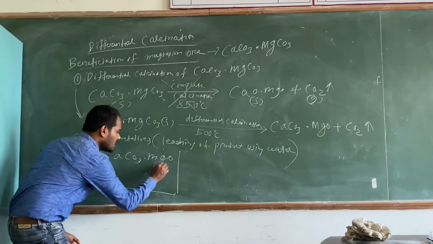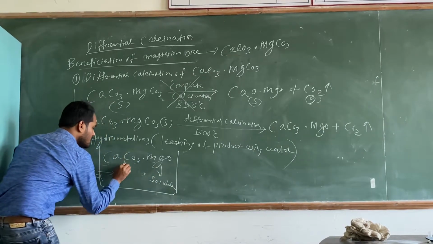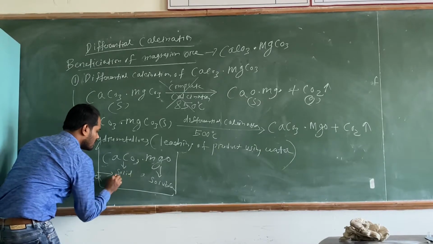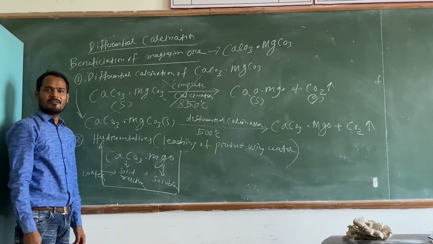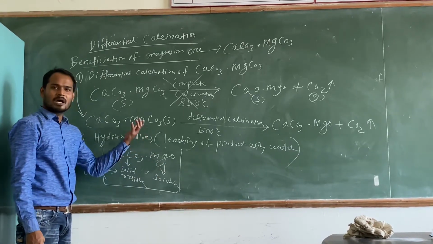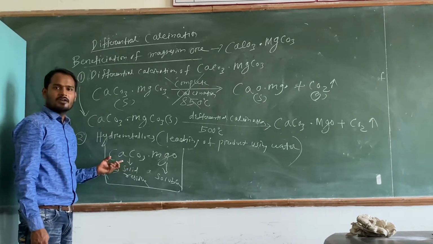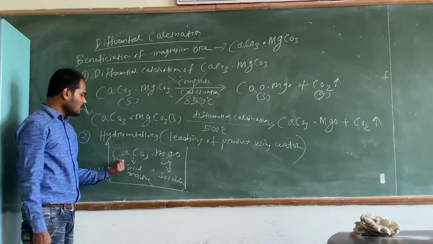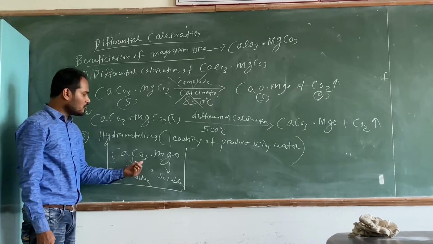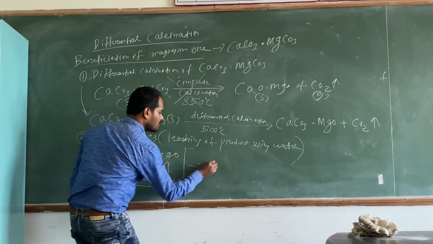So this part will dissolve, and this will remain as solid residue. You can easily separate them, because now the magnesium part has become soluble, but calcium carbonate is a carbonate, and carbonate is insoluble. Oxide is soluble, carbonate is insoluble. After this, you can just pass it through a filter paper.